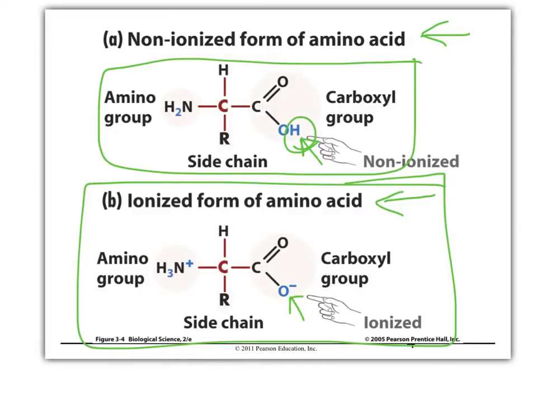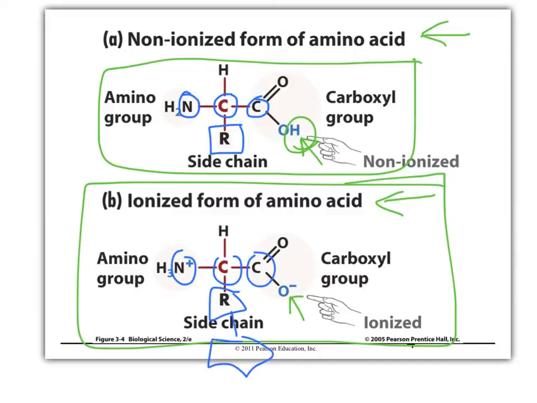Without the hydrogen there. But you need to be able to recognize that this is an amino acid either way. How do you recognize it? NCC. All of them have NCC. This R group or side chain might be some big ring structure. We'll look at all the amino acids, but they all have this central NCC. As soon as you see that, you go, boom, amino acid.